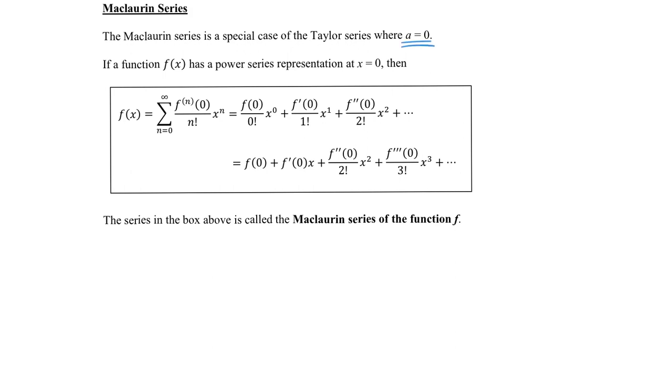So if a equals 0, then the previous information in that box above us just cleans up a little like this. And of course, when you get rid of all the little patterns here, you end up with this. So this one looks like f of x equals. This is the one we would typically use. And in this section, you'll write this out so many times, you'll have it memorized without even trying. And this is the Maclaurin series, which is just a Taylor series centered at 0, right?